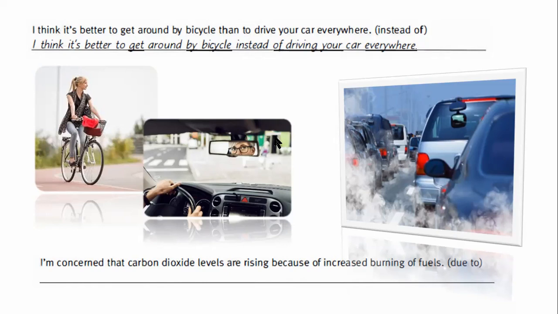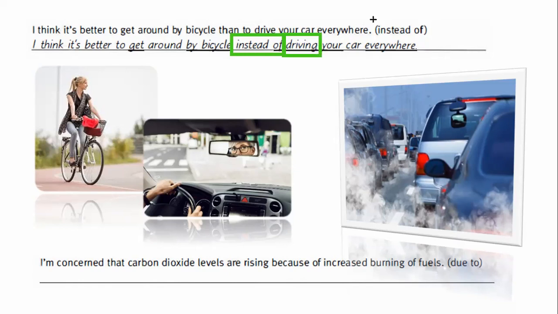Instead of, I think it's better to get around by bicycle instead of drive your car everywhere. Excellent. Thank you, Vanessa. Here, as you see, we have a preposition, instead of, and then we have a verb in gerund, driving.